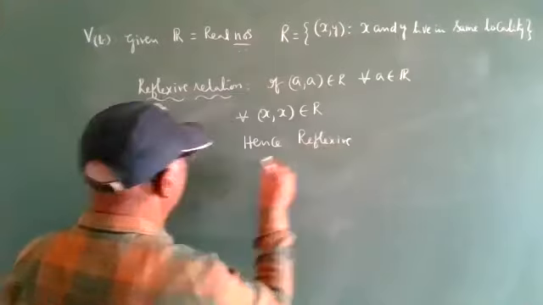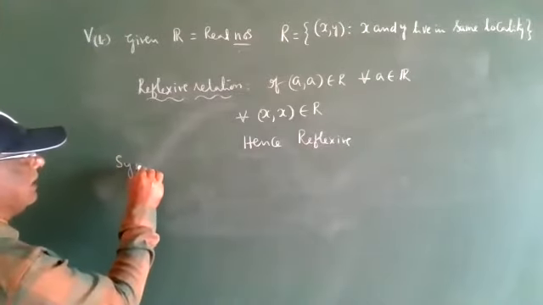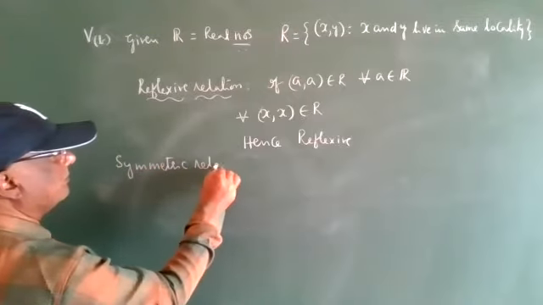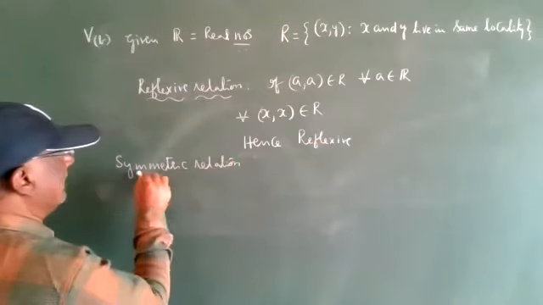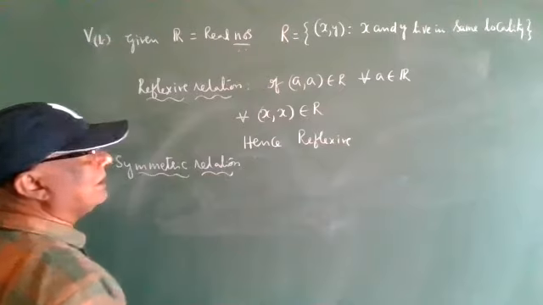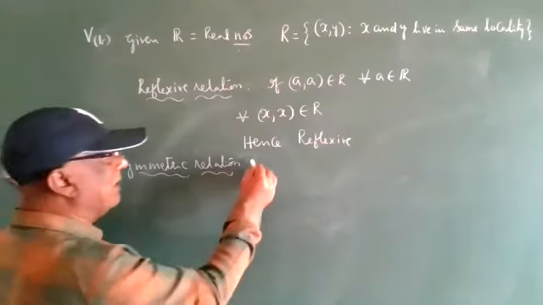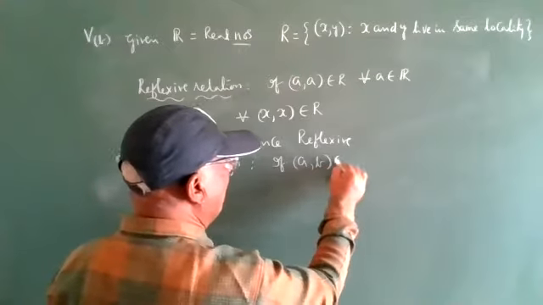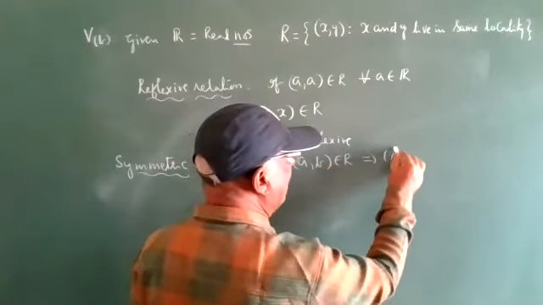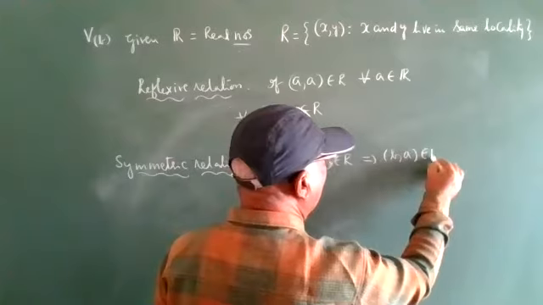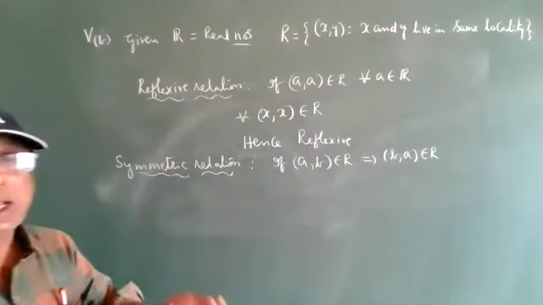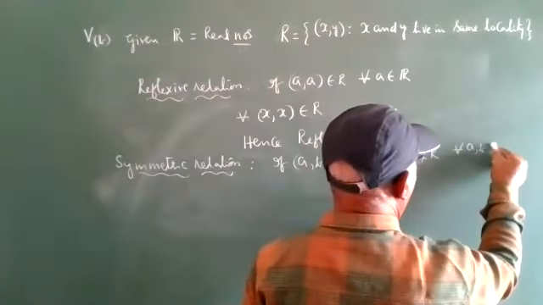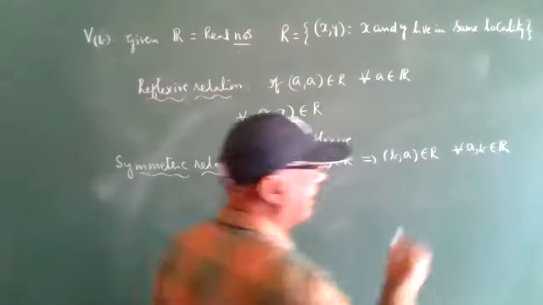Now symmetric, write down fast. Symmetric relation. First write down the definition. If (a, b) belongs to the relation, the reverse order (b, a) also belongs to it, then we say it is symmetric, for all a, b belonging to the real numbers.